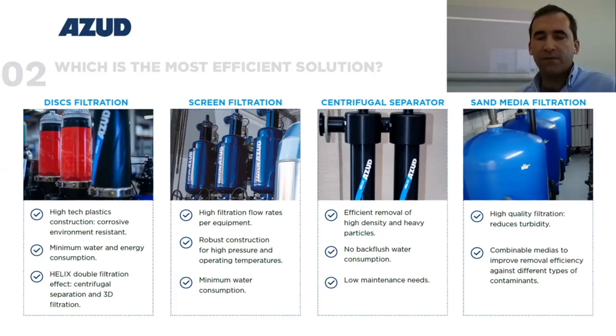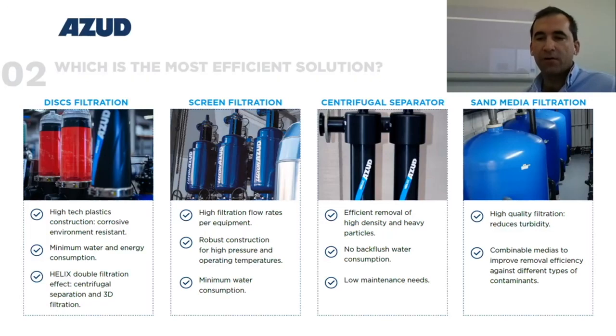Then we have the centrifugal separator, which can be also very practical, but has a very strong limitation, which is the filtration degree. It is not a physical barrier as the other technologies. It is a separation of particles, and it will efficiently remove high density and heavy particles, normally over 80 micron.